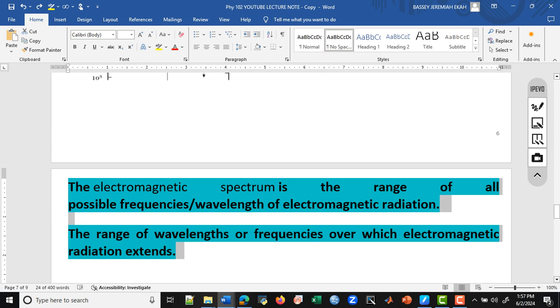That order of arrangement of all possible wavelengths and frequencies of EM radiations is referred to as the electromagnetic spectrum. You can as well say that it is the range of wavelength or frequency over which electromagnetic radiation extends.